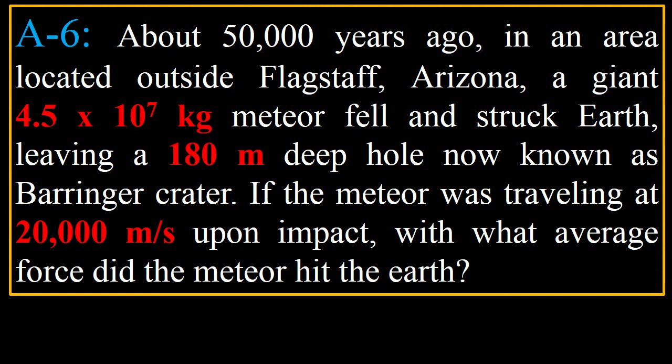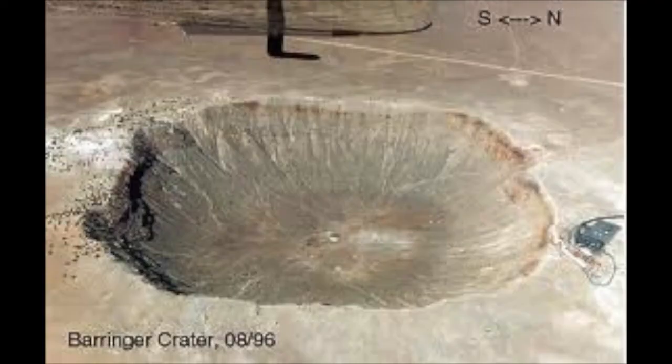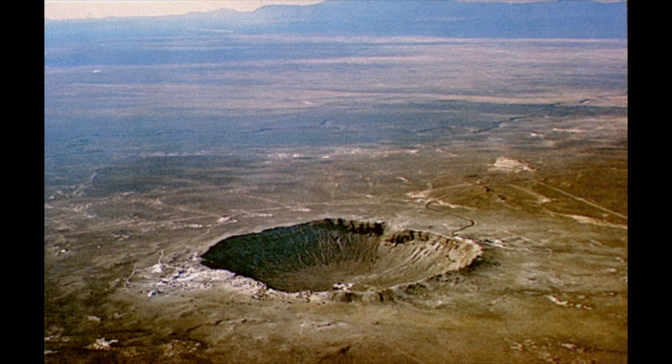And also, I'll show you a picture of the Barringer Crater. This is the Barringer Crater. It's absolutely enormous. It's difficult to get a true understanding of the size of it, but you see down in the center, there's a lightness. That's actually a house that the scientific survey teams have used in the past.